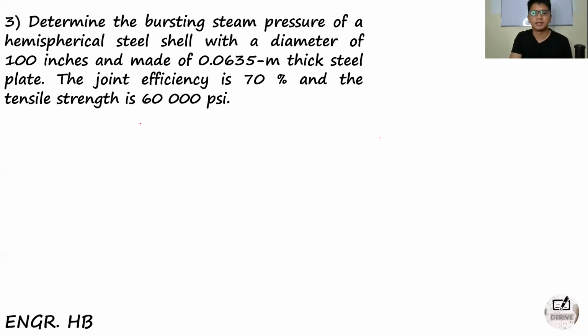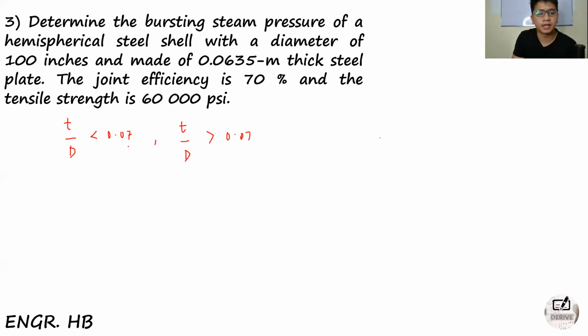So, in order for us to solve pressure vessel, alam naman natin na meron tayong thin and thick walled pressure vessel. So, matatawag nating thin vessel, yung pressure vessel kapag thin walled, kapag yung ratio ng thickness over its diameter is less than 0.07. Kapag thick walled naman, of course, it's greater than 0.07.